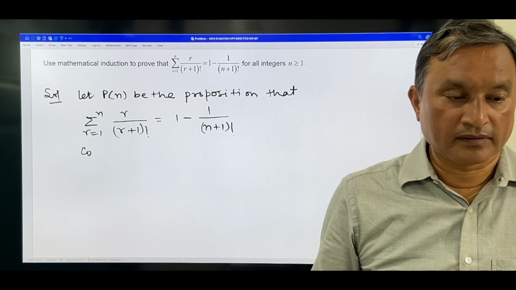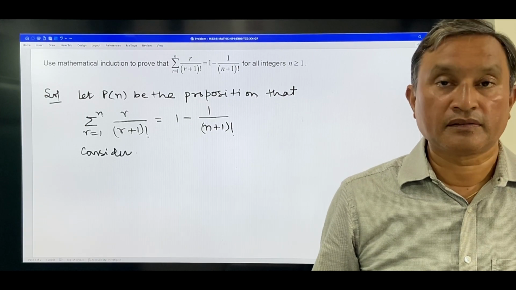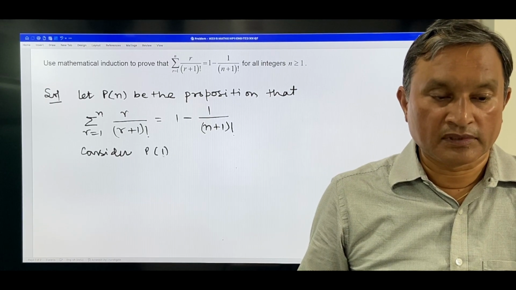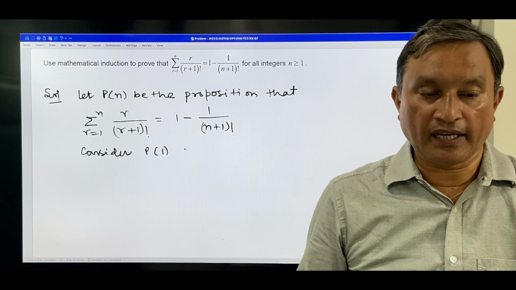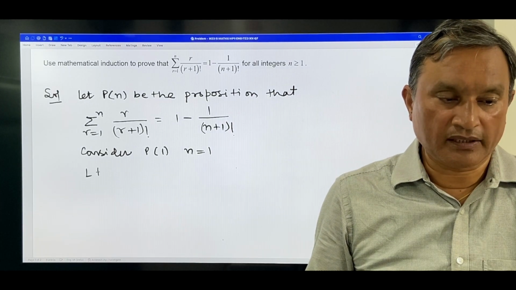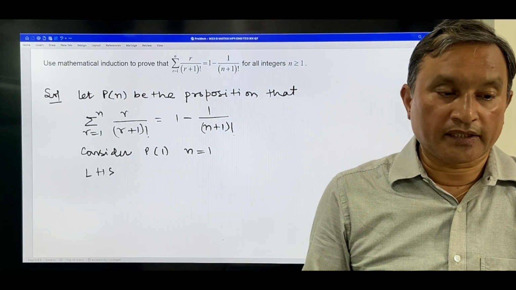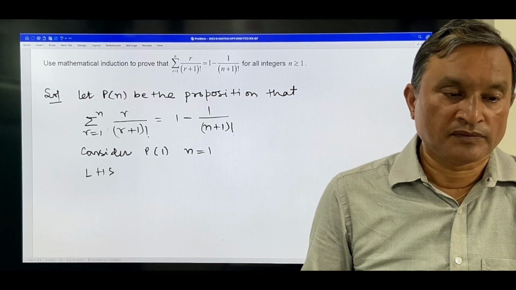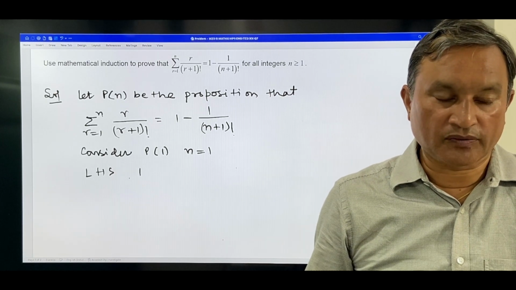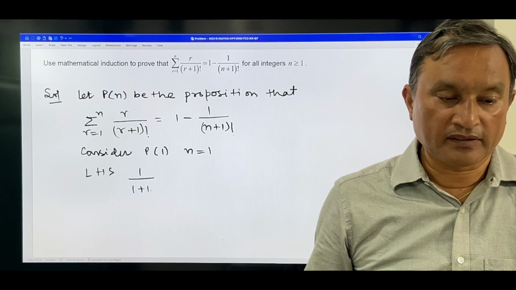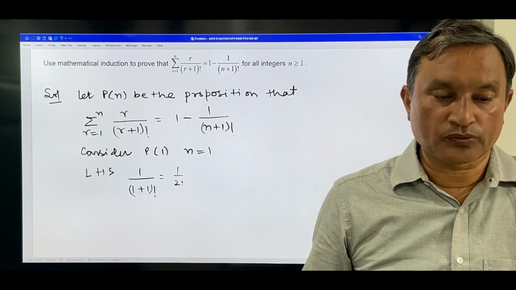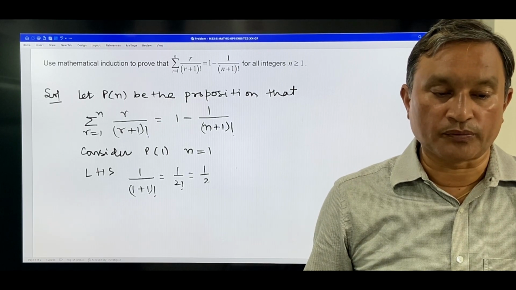Consider P1. Here we are substituting n equals 1. So the LHS part: when you substitute n equals 1, the value of r would be 1. So it is 1 upon (1 plus 1) factorial, equals 1 upon 2 factorial, equals 1 upon 2.